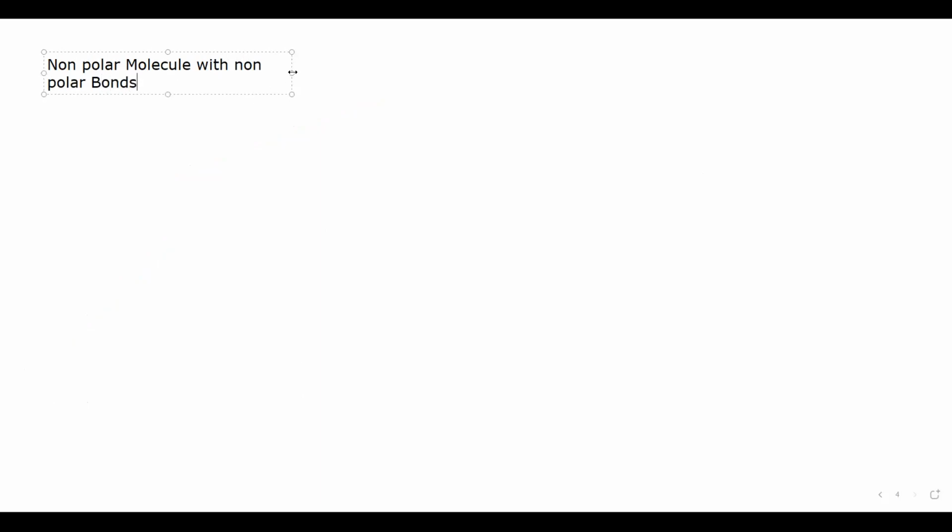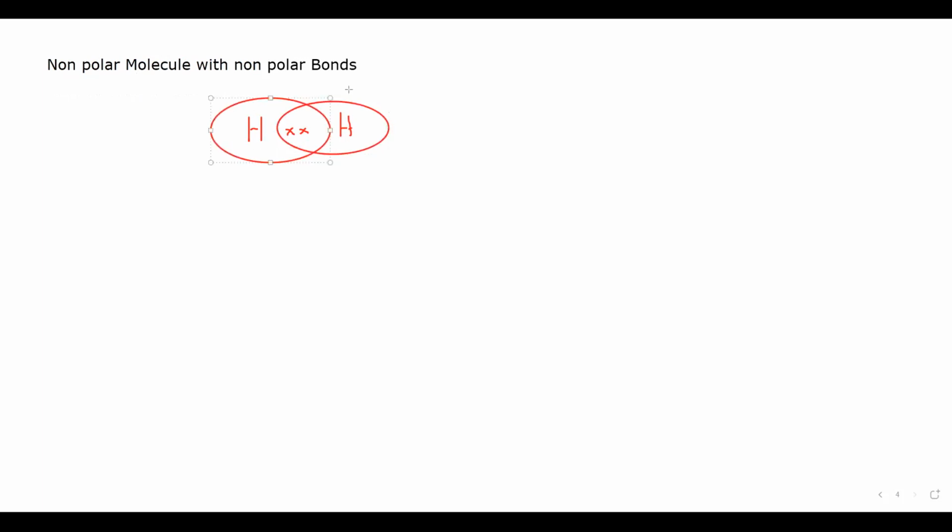What is an example of this type of molecule? Hydrogen, H2. When we compare the bonds, because there are two identical atoms with the same electronegativity, the electron is evenly shared between the two atoms.